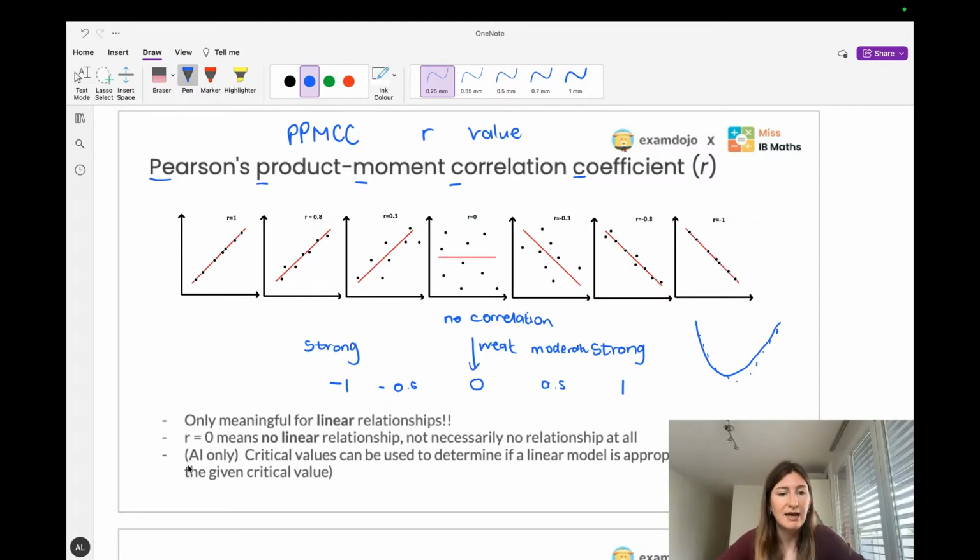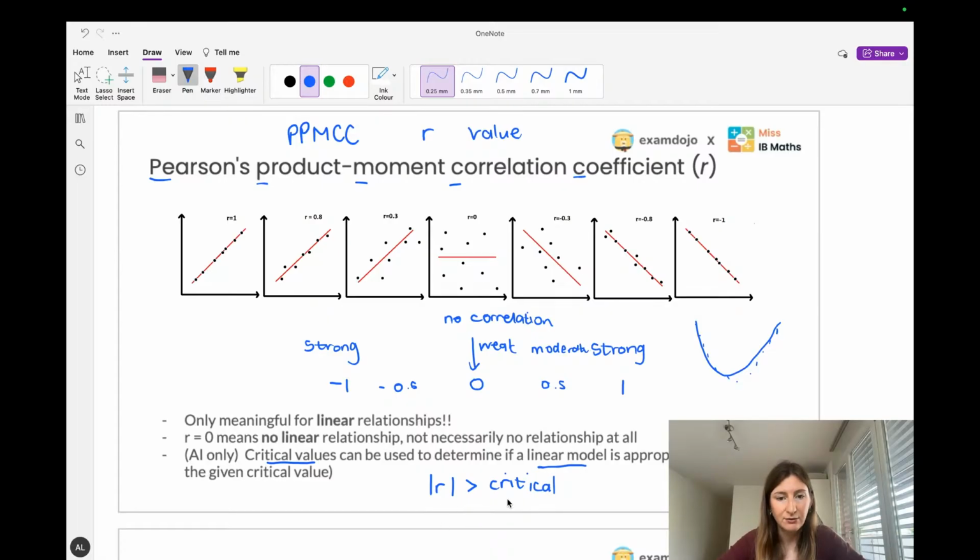If you're in the AI course, they might give you a critical value, and you need to determine if a linear model is appropriate. They'll give you the critical value in the question, and you'll need to take the absolute value, so the positive, basically, of your R value. If that is bigger than the critical value, then it can suggest that a linear model is appropriate.